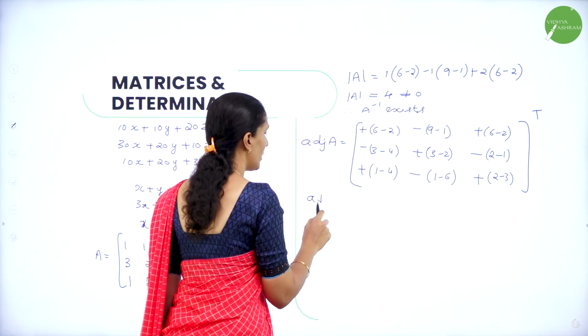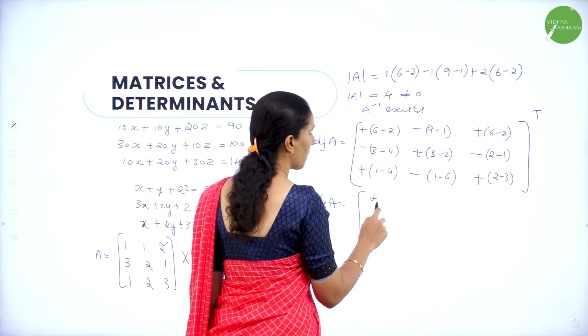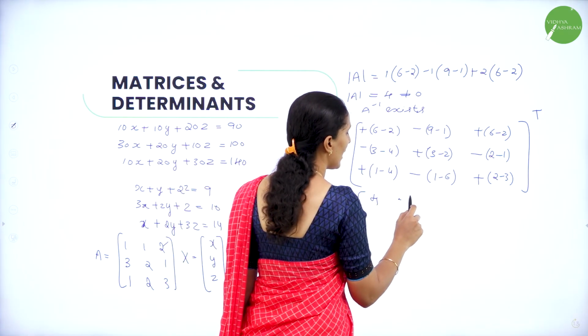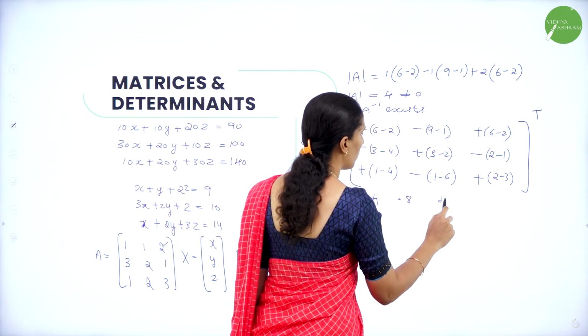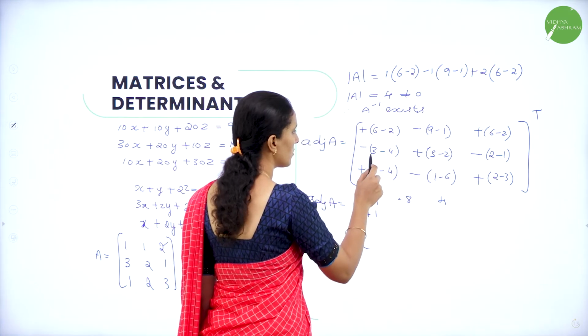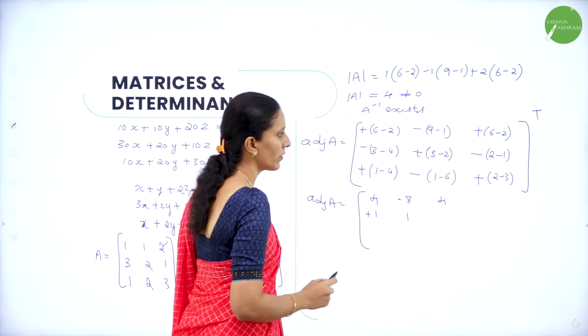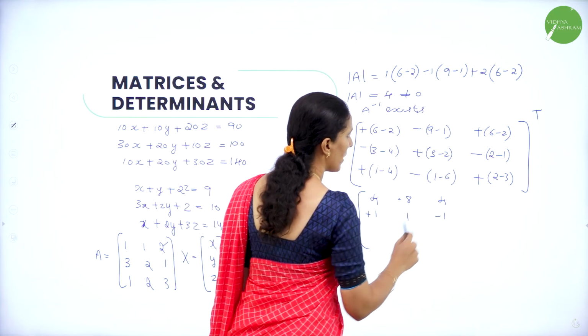Now, let's write adjoint A. That is 4, minus 8, 4, minus 1, plus 1, it becomes 3 minus 4, minus 1, 3 minus 2, 1, 2 minus 1, 1, so which is minus 1.